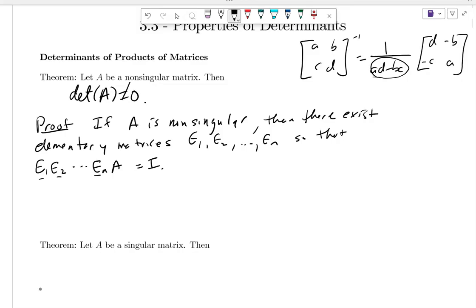Nothing, right? So when I look at the determinant, if I do the determinant of both sides here, they better be equal, correct? The determinant of E1, E2 out to En times A better be the determinant of I. What's the determinant of I? 1.